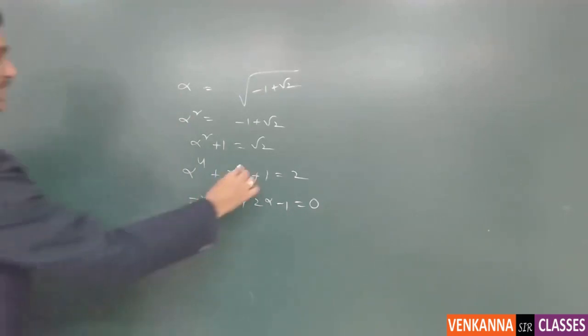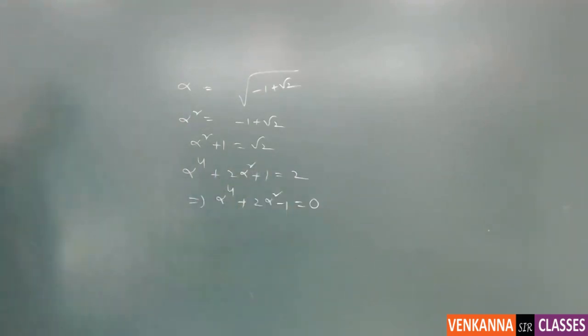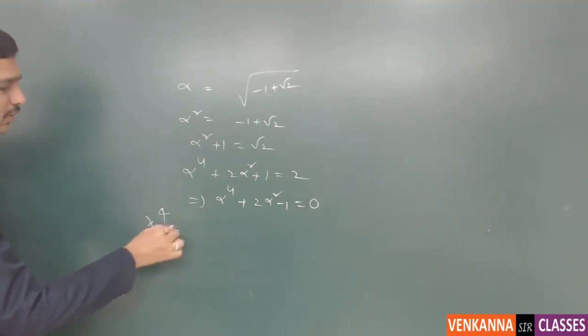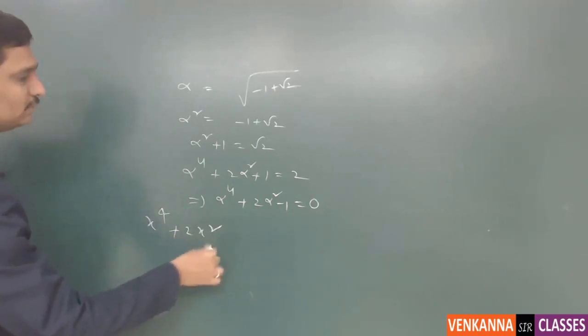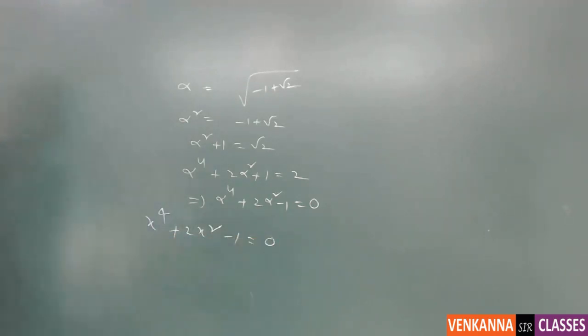Accepted? Yes or no? So this is the irreducible polynomial satisfied by alpha: x power 4 plus 2x square minus 1 equal to 0.